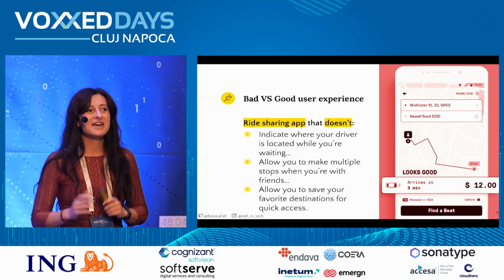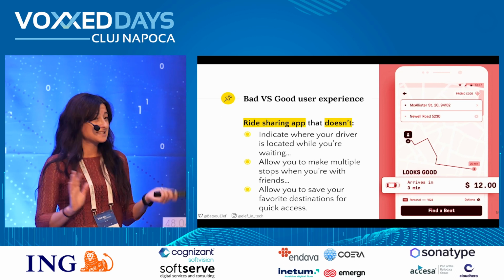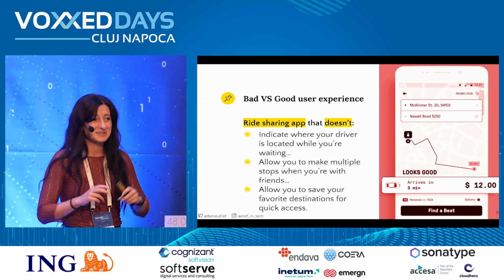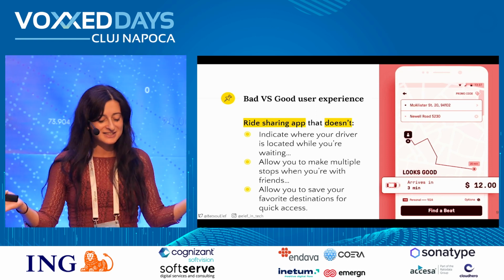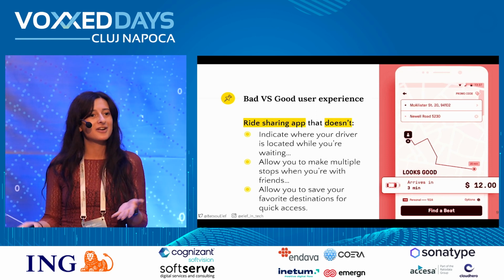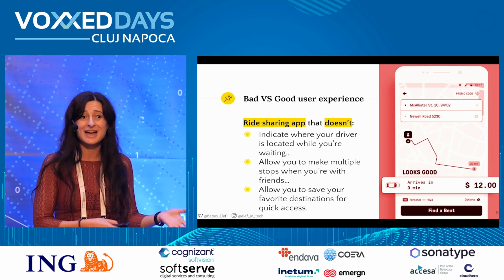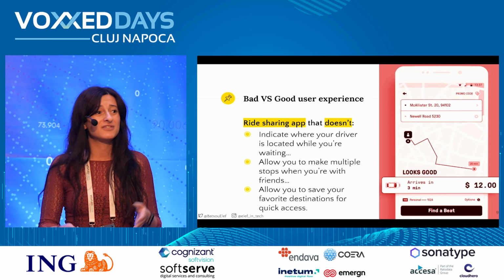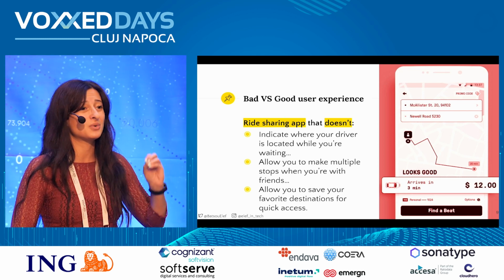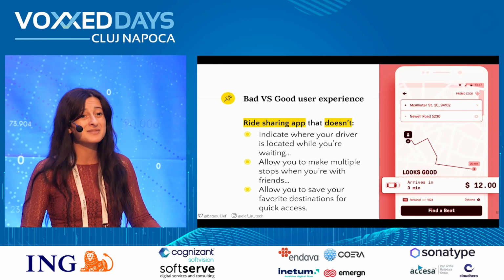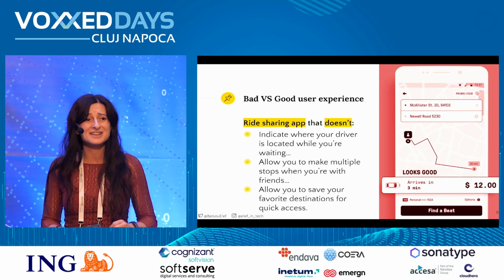So, let's see another example of good and bad apps. I will start with a bad example, okay? Would you prefer a ride-sharing app that doesn't show you where you are in real time, doesn't show you where your driver is in real time, doesn't allow you to save your favorite destinations, or to share your activity and where you are in real time, doesn't allow you to pay in different ways like card or cash?